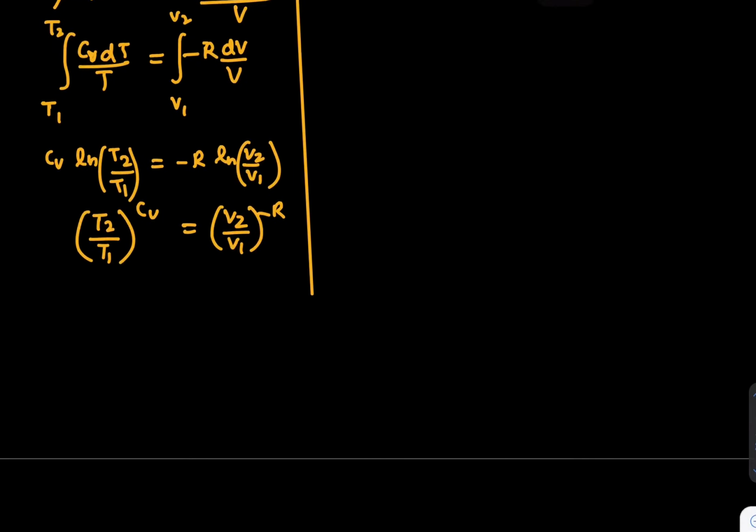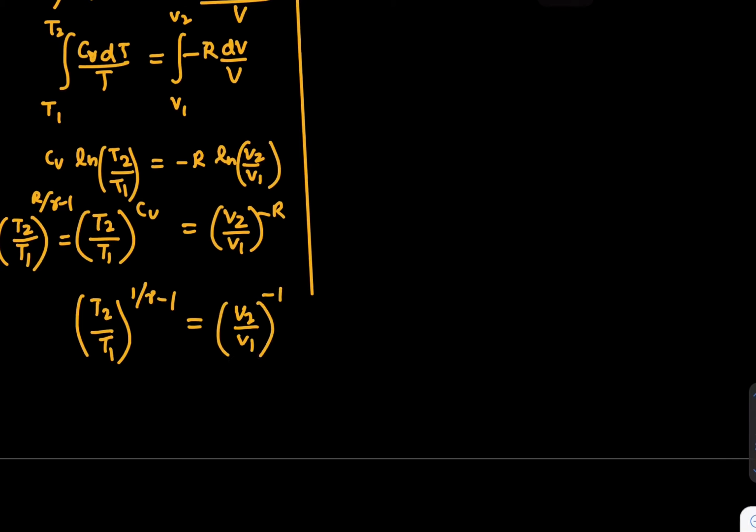What is Cv? We know Cv is R upon gamma minus 1. So I can write T2 upon T1 raised to the power R upon gamma minus 1. We can cancel out R on both sides. So T2 upon T1 raised to the power 1 upon gamma minus 1 would be equal to V2 upon V1 raised to the power minus 1, which is equivalent to V1 upon V2.